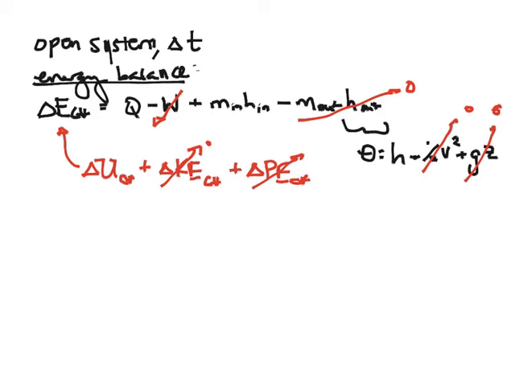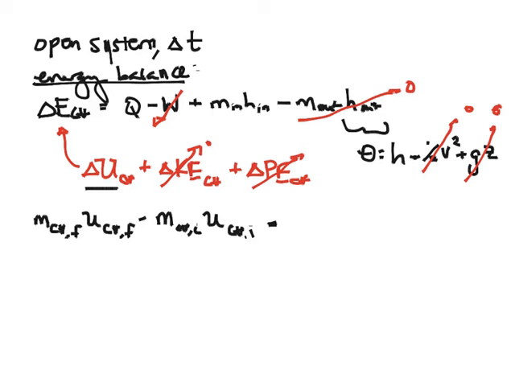Okay, so now all that's left on the left-hand side of my equation is this change in internal energy of my control volume, which I'm going to break apart even more and write as the mass of my control volume, sub F for final, times the specific internal energy of my control volume, again sub F for final, minus the mass of my control volume initially, times the specific internal energy of my control volume initially.